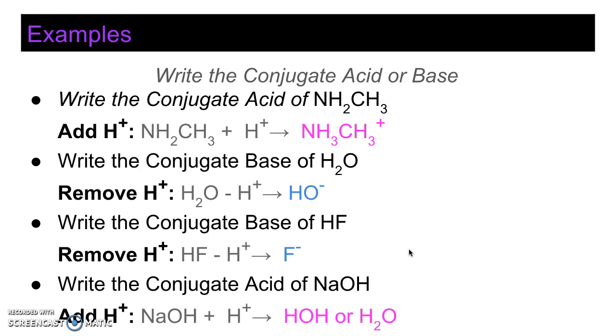Okay, so when you do that, if you add an H plus to OH minus, ignoring the sodium, we're going to get HOH, which is the same thing as H2O. All right, make sure you get these examples down, and then when you press play again, there'll be some practice problems for you to try on your own.